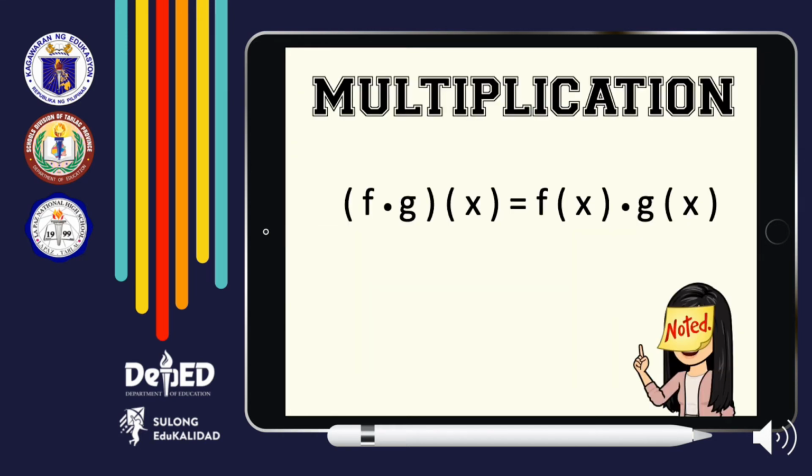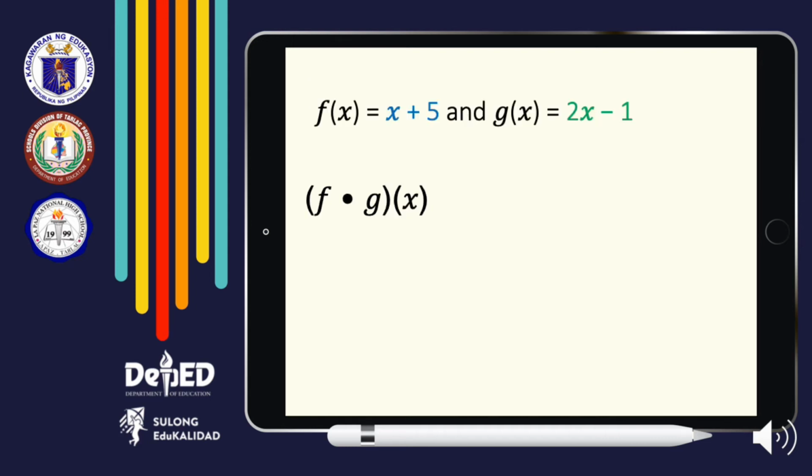Now let us have multiplication, and it is denoted by (f · g)(x) = f(x) times g(x). Now, using the same given, let us multiply the functions.